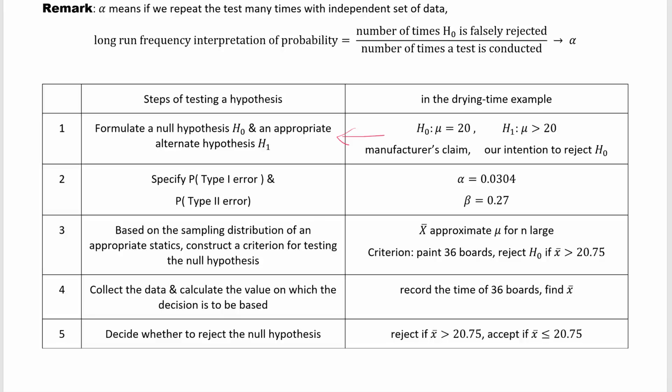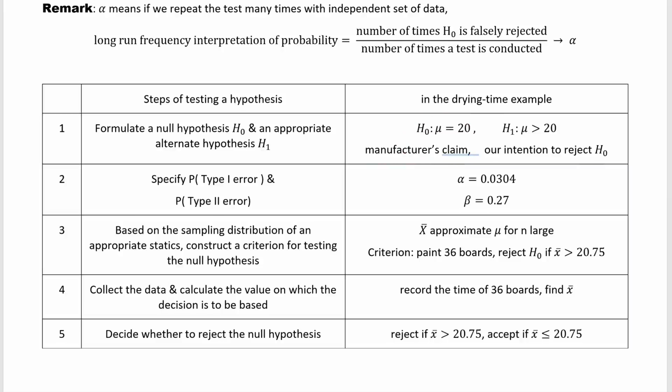It's good to talk about examples when we're talking about the concepts. In the drying time example, the manufacturer's claim, the null hypothesis, is mu equals 20, and the alternative hypothesis is mu greater than 20. This is the manufacturer's claim, and this is our intention to reject the claim.